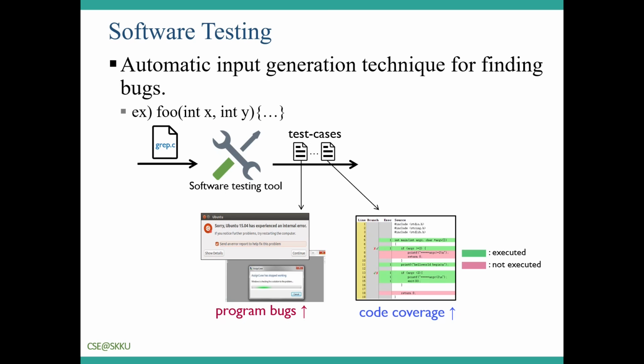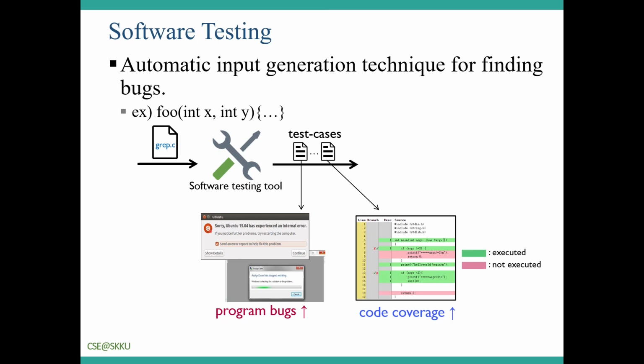For example, in these illustrations, the green lines represent the parts of the code that have been executed, while the red lines are parts that have not been touched yet. So in testing, the goal is to maximize those green lines to execute as much of the program as possible within a limited time budget.